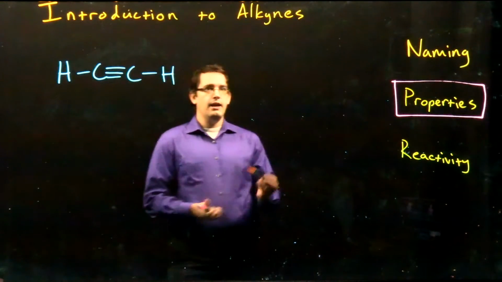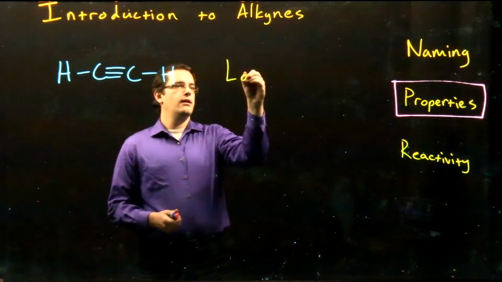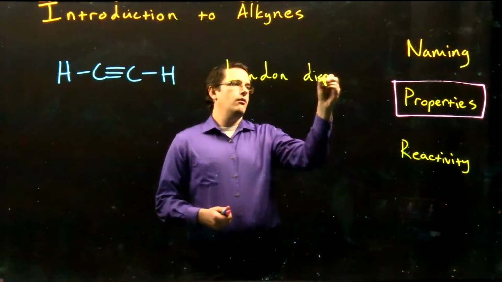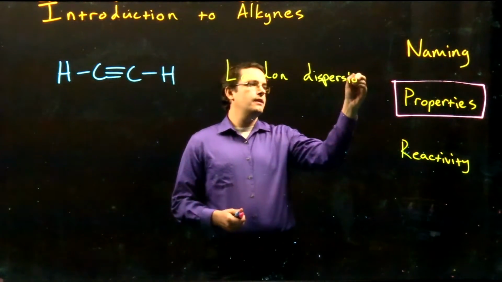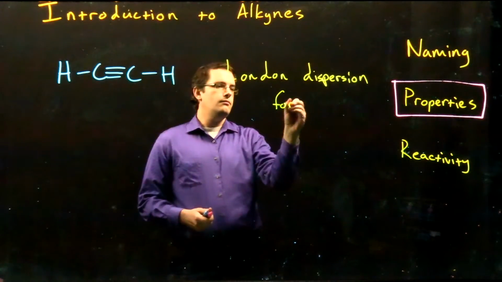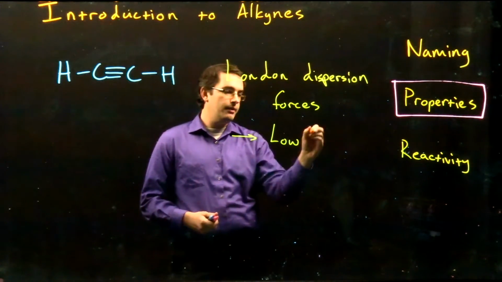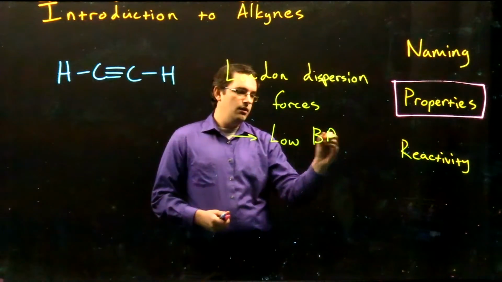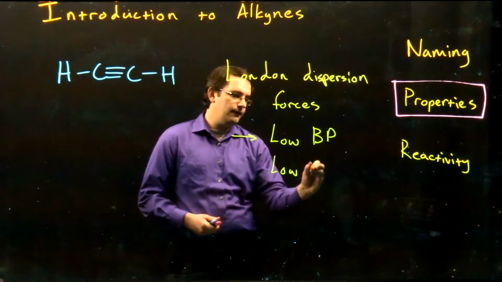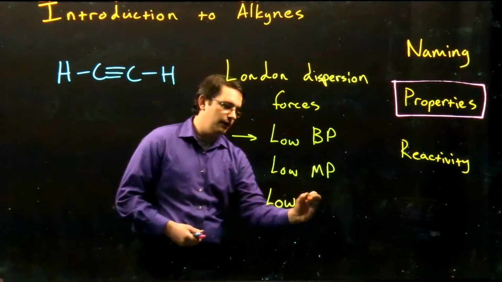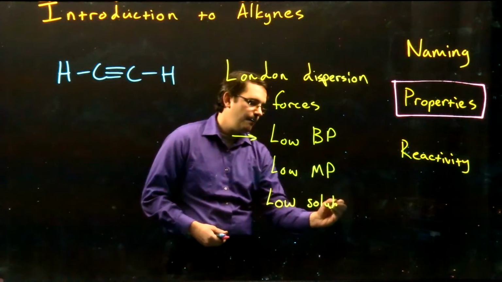So because of that, again, we're only going to have our London dispersion interactions, or van der Waals interactions. And so this means that we will have low boiling points, low melting points, and of course, low solubility in water.